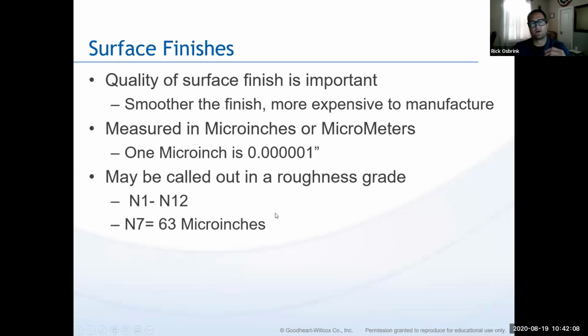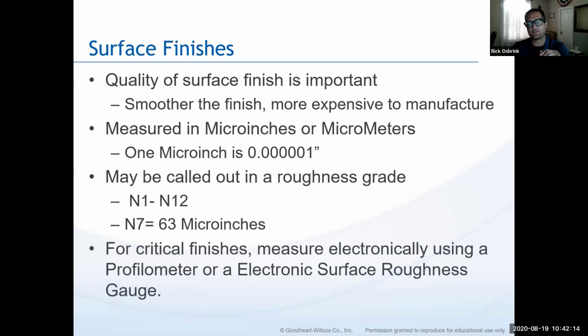In order to measure that, we can do one of a couple things. We can use an electronic profilometer or an electronic surface roughness gauge. Basically there's a little stylus that we drag across the top of our part, and it reads the variation in the surface and spits out a surface finish for us.